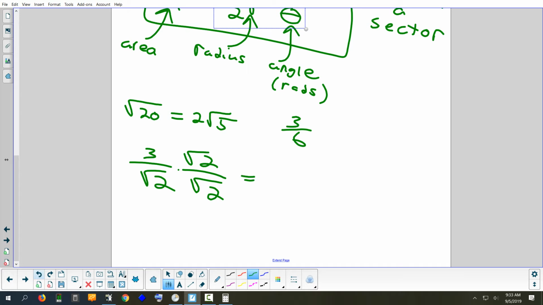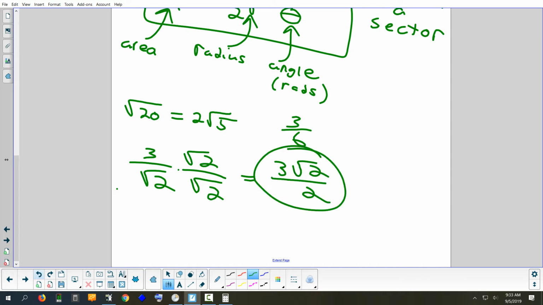All right. So when you have this, multiply top and bottom by the square root that's in the bottom, and you get this. Okay, so the top, there's not really much you can do. 3 times the square root of 2, it's just 3 times the square root of 2. But in the bottom, the square root of 2 times the square root of 2, that's the square root of 4.